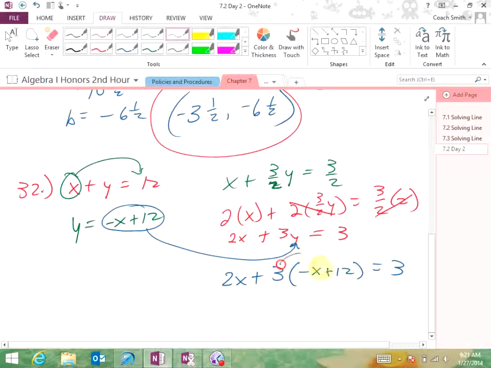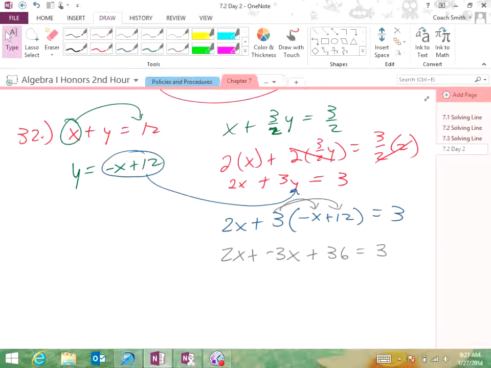Okay, now we have to distribute the 3 to both things in the parentheses, giving me 2x plus negative 3x plus 36 equal 3. Excuse me. So that gives me negative x plus 36 equal 3, because I combine those two together and get negative x.